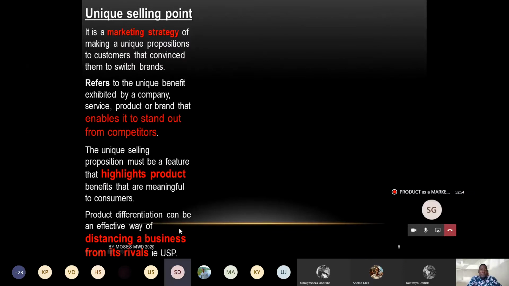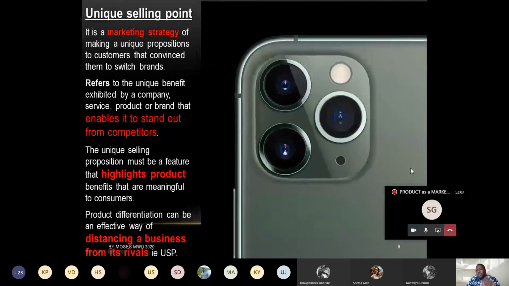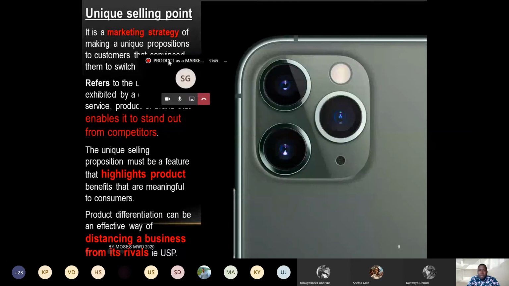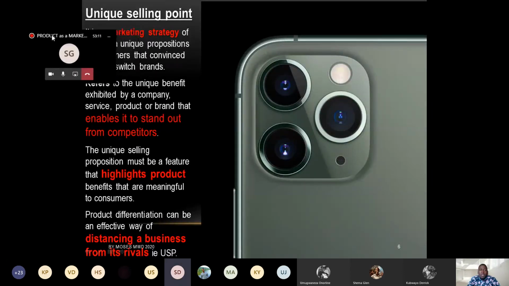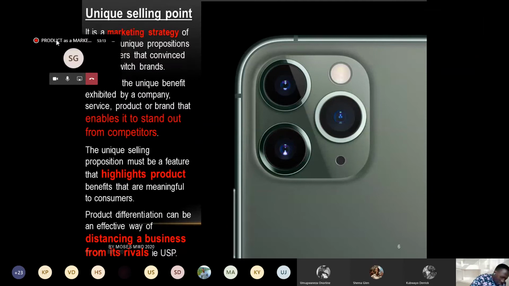So product differentiation can be an effective way of distancing from your business rivals. So I have it four times here: distancing, making your products stand out and whatever. What Honorine said is what I have here as an example. The first one, you see that new one.